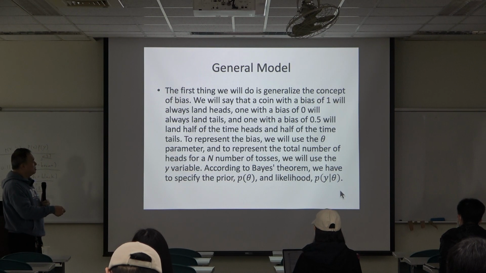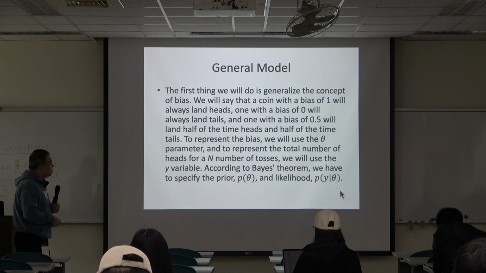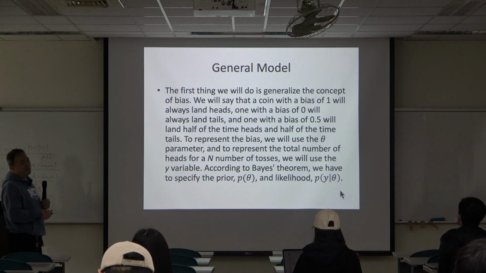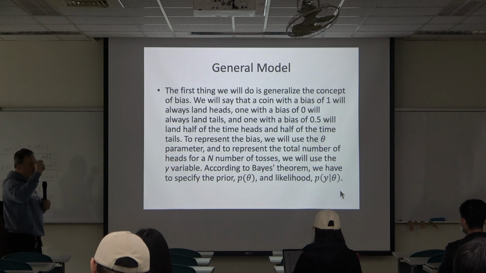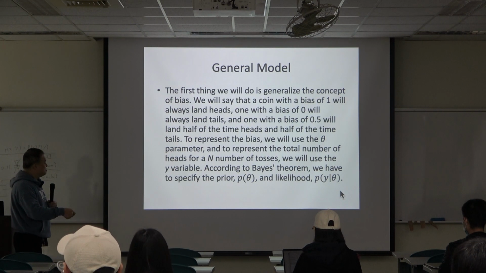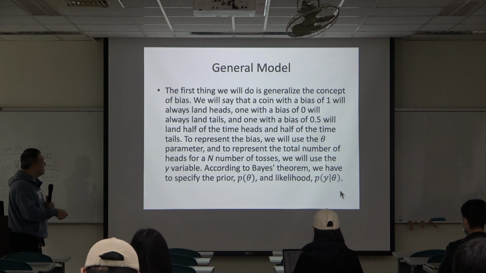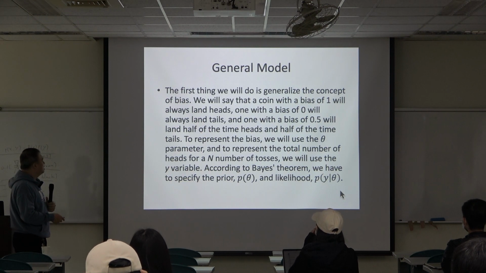To represent the bias, we'll use the theta parameter. And to represent the total number of heads for n tosses, we'll use the y variable. So y represents the number of heads in n trials. According to Bayes' theorem, we have to specify the prior p of theta and the likelihood p of y conditional on theta.